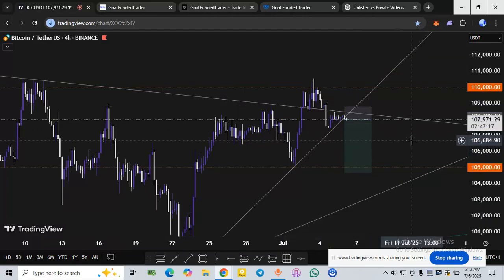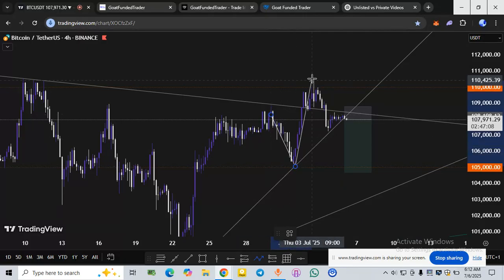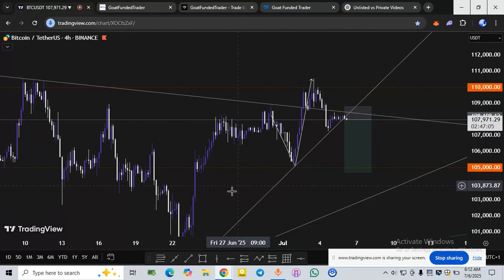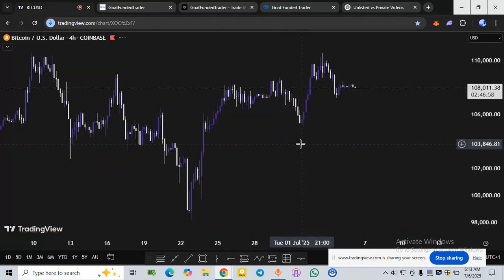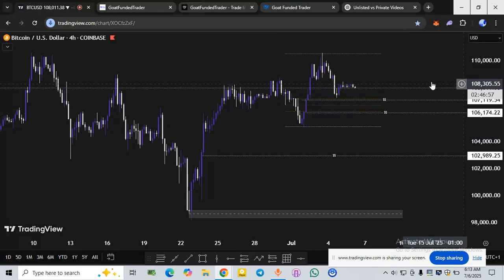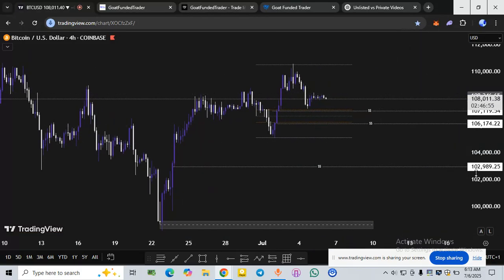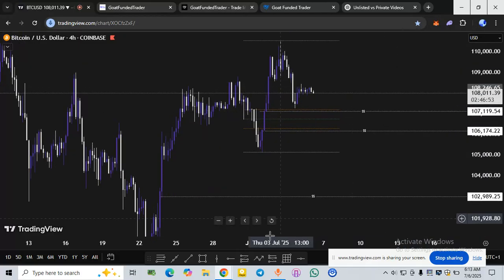Now, one of the reasons from the market structure perspective why we took this sell was that in this whole structure over here, this is the 4 hour structure, that is really holding this particular breakout. Now let's head over to the market structure chart. If I look at the market structure and liquidity charts over here, I still expect the markets to come down into the golden zone.